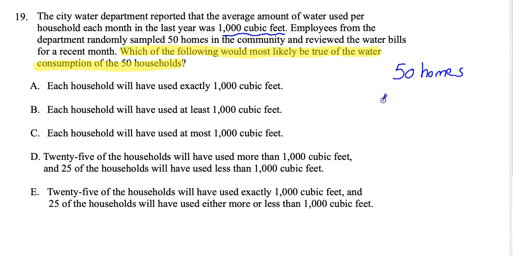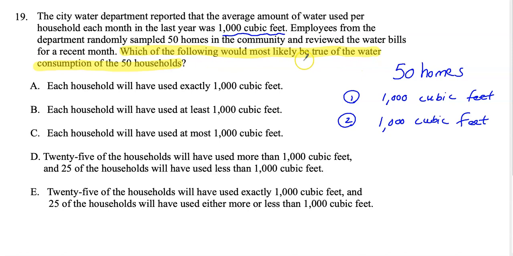Do you think all 50 homes are going to use 1,000 cubic feet of water? So that would be like this. The first home, you sample it, exactly 1,000 cubic feet. The second home, you sample it, exactly 1,000 cubic feet. That does not make sense to me. When they randomly sample stuff, you're probably going to have a certain amount of people who use a little less than 1,000 and a certain amount a little more than 1,000. You might have one or two homes that use exactly 1,000, but this is most likely to be true.